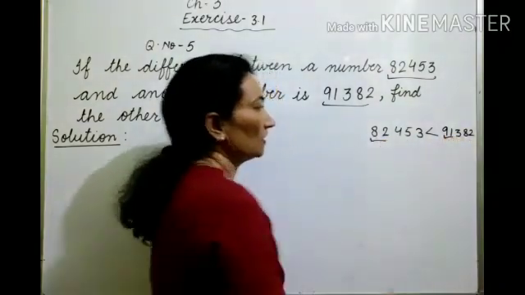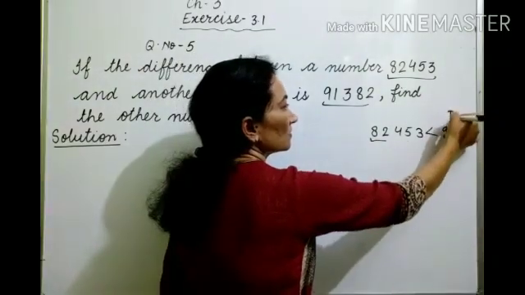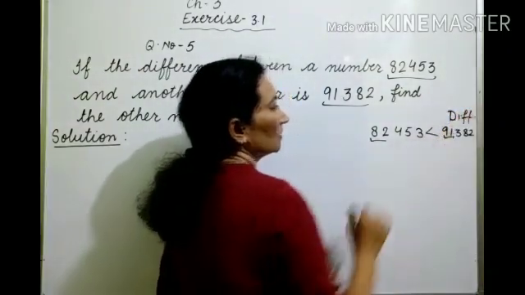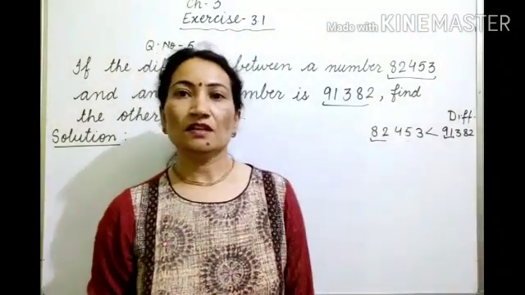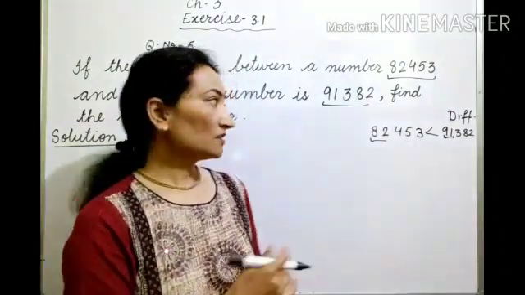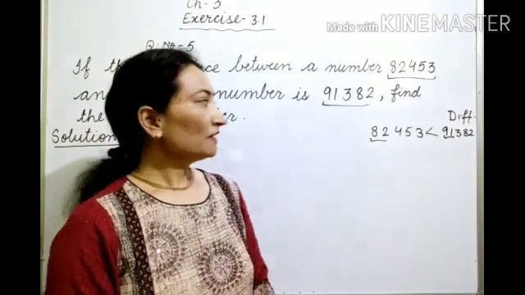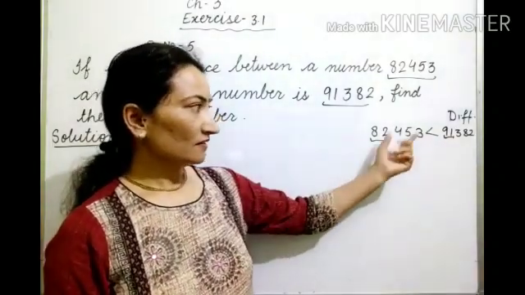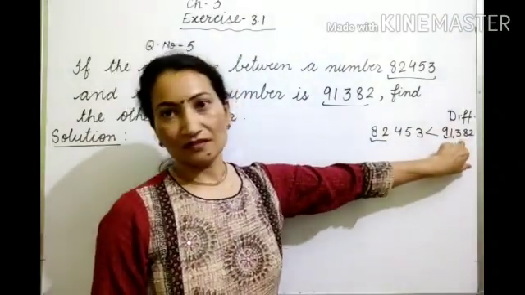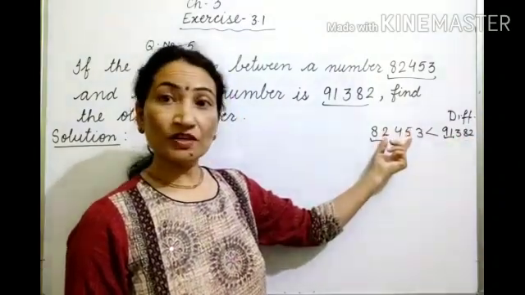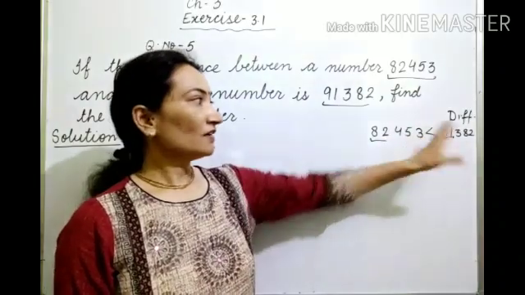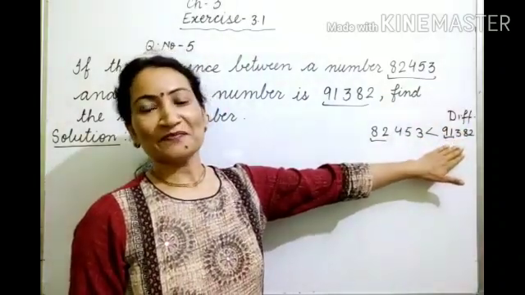We can see, and this is difference, and this is one number of the two numbers which we take in subtraction. If we take this as greater number, then how can we get larger number after subtraction? If we take it as a minuend, then we cannot get larger number after subtraction.